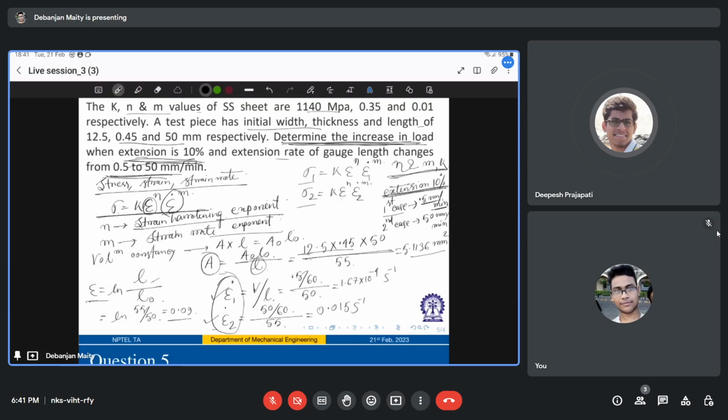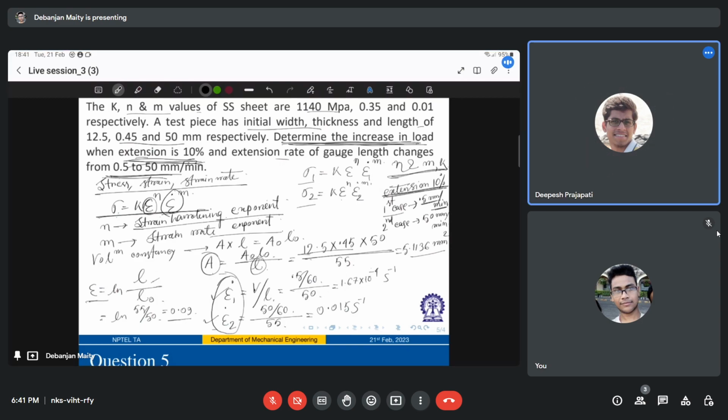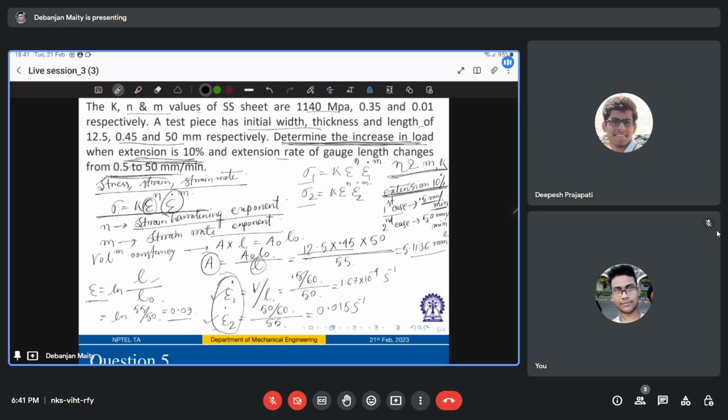These are two different cases. We are extending it up to 10%. So the strain is the same for both the cases. We have extended from 50 mm to 55 mm, but the rate of extension we have changed.